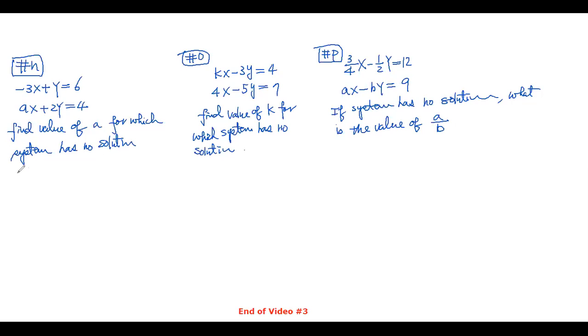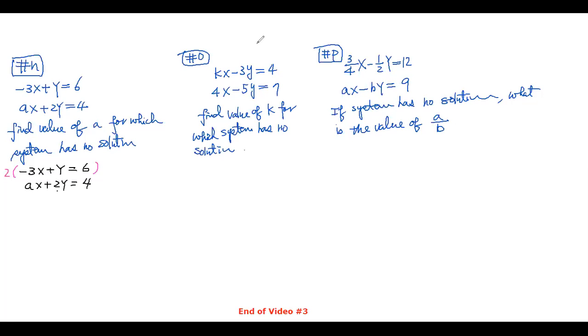Okay, so here, this is negative 3x plus y equal to 6. So this is ax plus 2y equal to 4, right? From what we just discussed, if they are proportions, right? So here is 2y, 2y. So in order to be proportions, what I need to do is times 2.